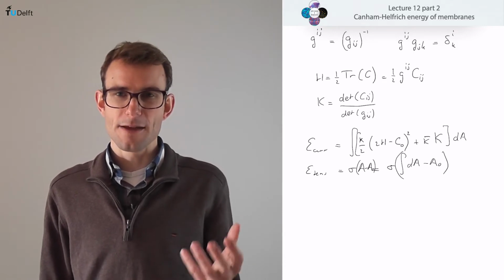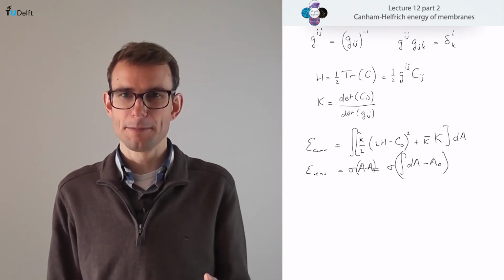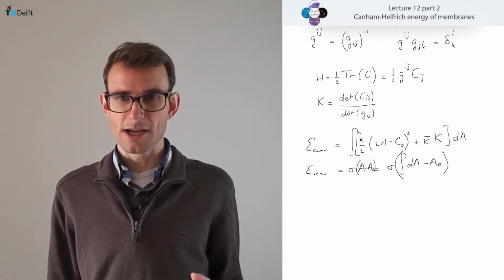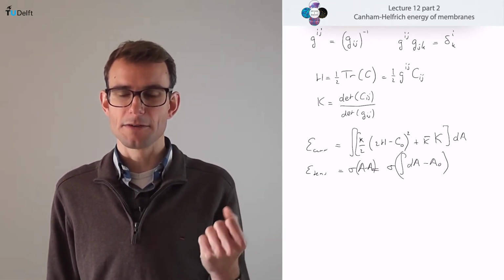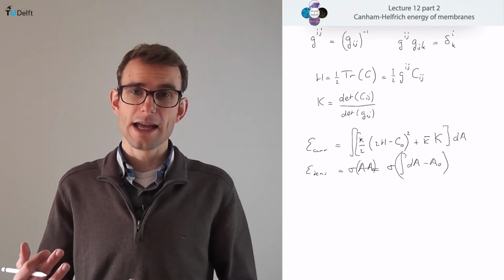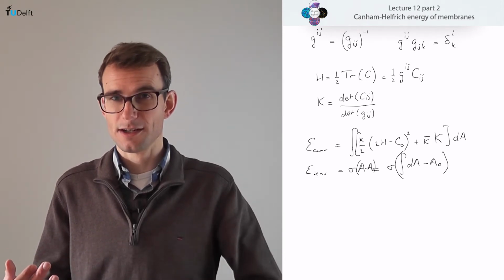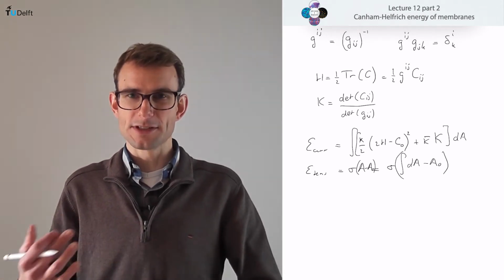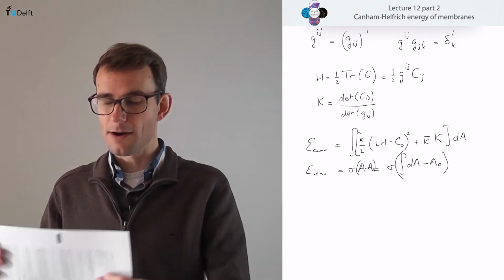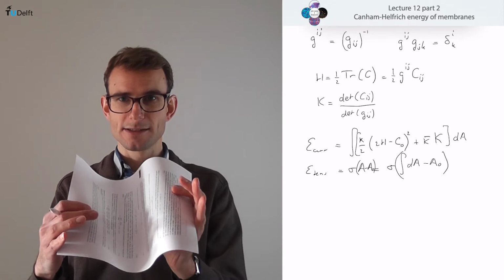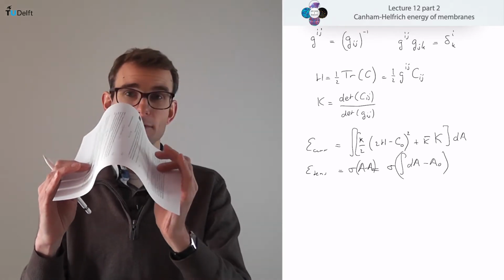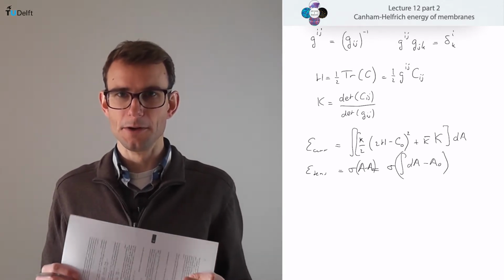If you work in a fixed area, or a fixed number of lipids with a fixed area per lipid system, then the interpretation of this thing is that it is a Lagrange multiplier that fixes indeed this constraint. If you work in a fixed surface tension ensemble, you say the area can change, not the total area, but the projected area, because if I put in a wrinkle, then the distance between my hands becomes less, even though I'm not removing any real material.